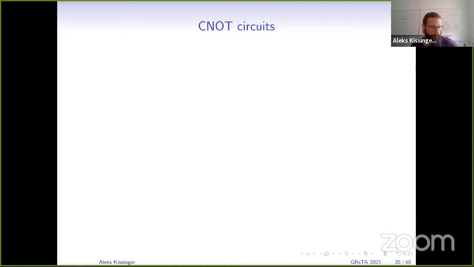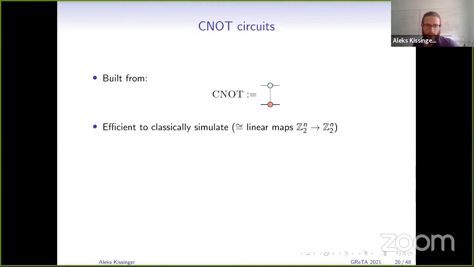Okay, so one tractable fragment is the CNOT circuits. CNOT circuits are just built from one kind of gate called a CNOT or controlled-NOT gate. And these things are efficient to classically simulate.